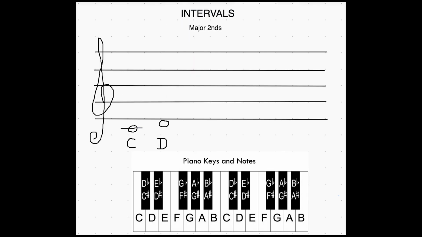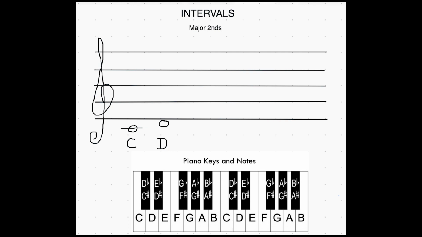Okay, so looking at our third slide, we have C to D written, which I've already said is a major second. Now let's have a look at why it's a major second. So looking at my piano keys and notes down at the bottom here, I'm going to find C on my piano. Now between C and D, we have a black note where it says D flat and C sharp.